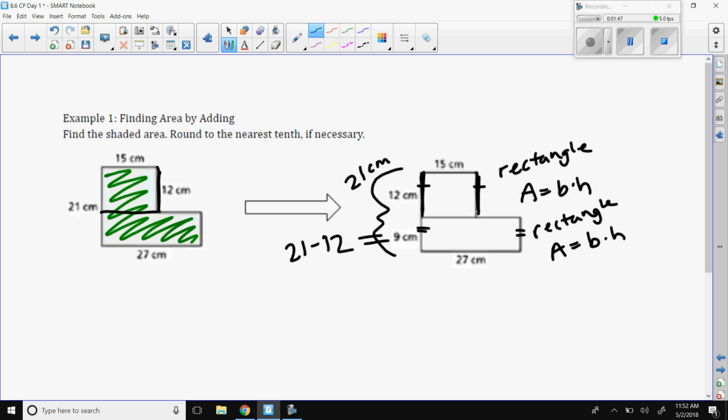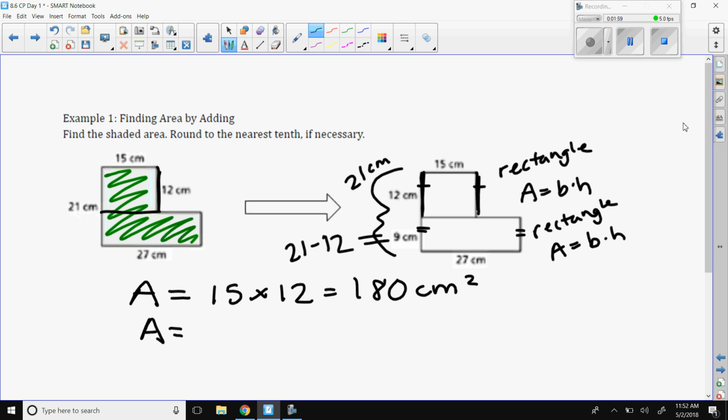Once I get these two areas, I have the area of the top rectangle as 15 times 12, which is 180 centimeters squared, and I have the area of the bottom one, 27 times 9, which gives me 243 centimeters squared. I'm going to add these two together.